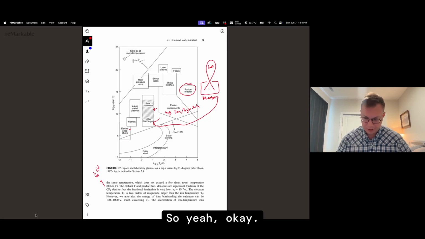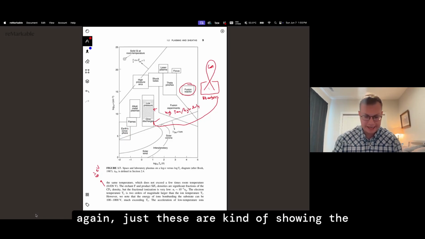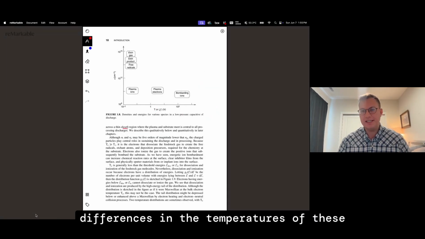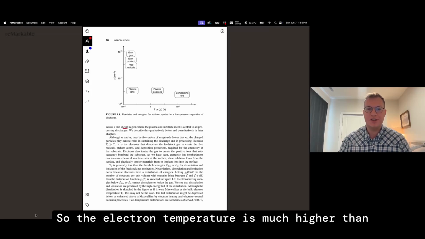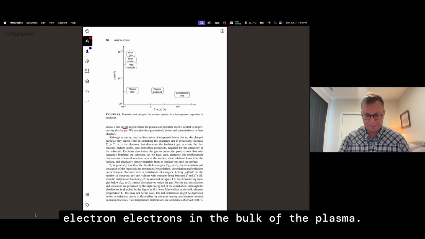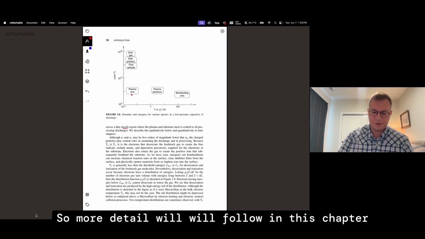So yeah, okay. All right, and then in figure 1.8, again, these are showing the differences in the temperatures of these different species. So the electron temperature is much higher than the ions. However, this is describing the plasma ions and electrons in the bulk of the plasma. More detail will follow in this chapter on this.